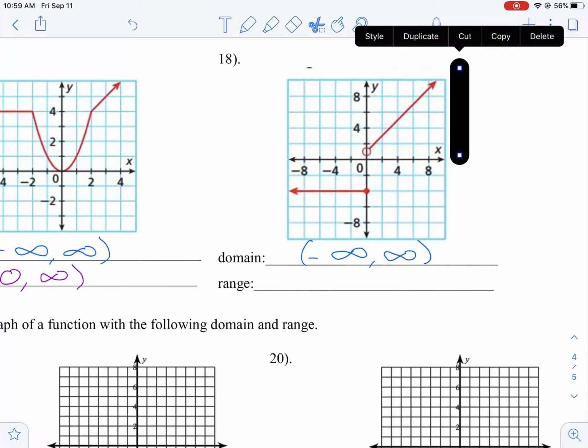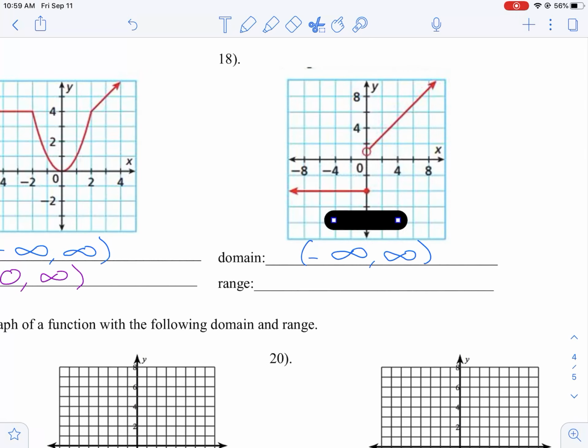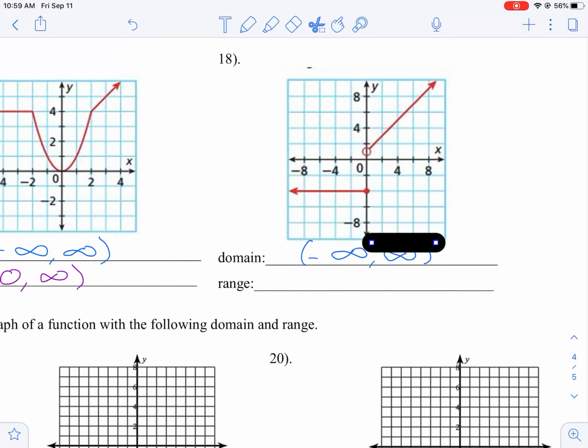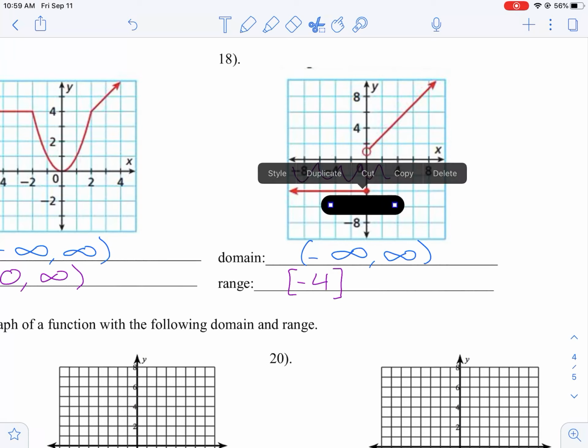Now, for the range, from the bottom part, notice that it's just a horizontal line there at negative, what is that point? Negative 4. So that's the bottom of my graph, but it's just covering itself. And then there's this gap here where all of these points are not covered.